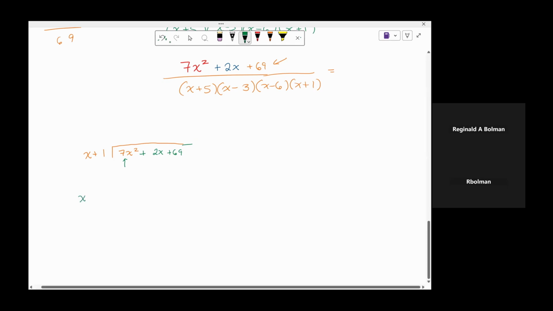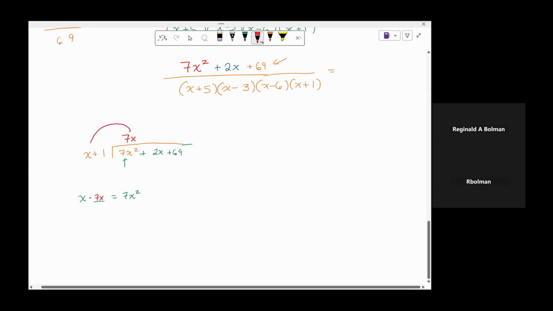Said another way, what can you multiply with your x term such that it gives you 7x squared? Well, if I take 7x and multiply it with x, I get that 7x squared term. So x will go into 7x squared 7x times.